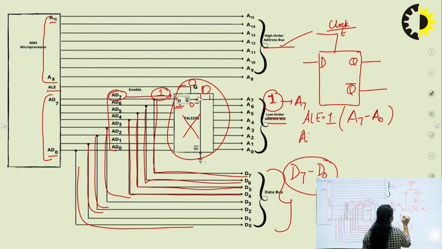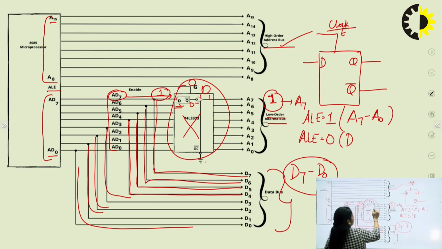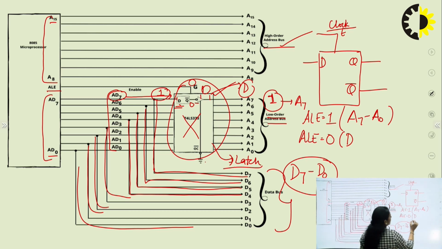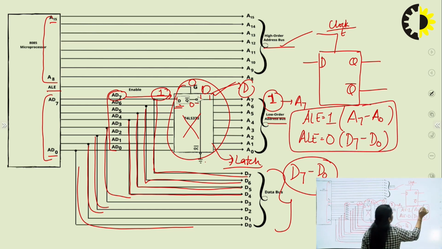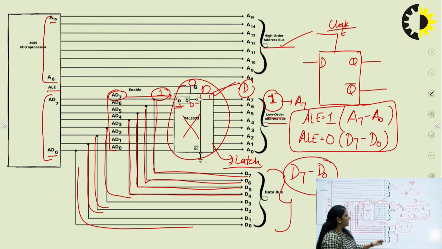And if ALE is 0, at that time this whole latch will not work, and D7 to D0, the data bus, will be used. So AD7 to AD0 will be used as the data bus.